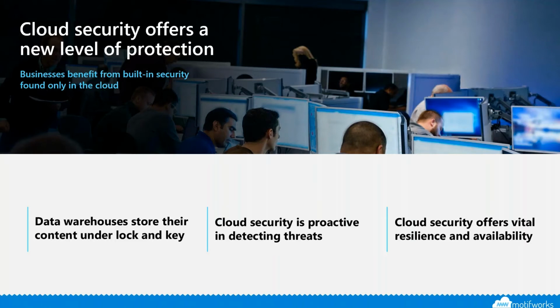In the cloud data warehouse itself, you can expect encryption, sensitive data classifications, and row and column level security. But you also need services like threat detection and monitoring, virtual networks, and integrated identity management. Resilience and availability are not just good objectives, but vital security features for global always-on services.